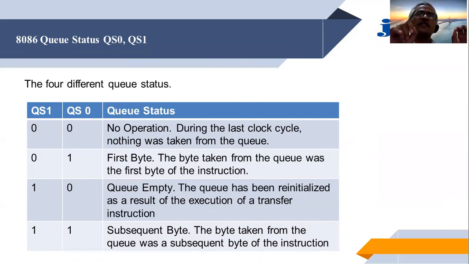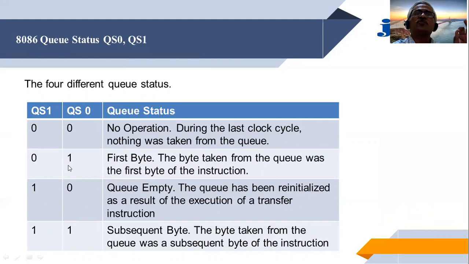It stores at least 6 instructions from the memory, so that the processor doesn't have to wait for an instruction to be read from memory. It is already available in the queue. So if the status of QS0 and QS1 is 00, this means the instruction from the queue has not been taken out. We haven't performed any operation on it.